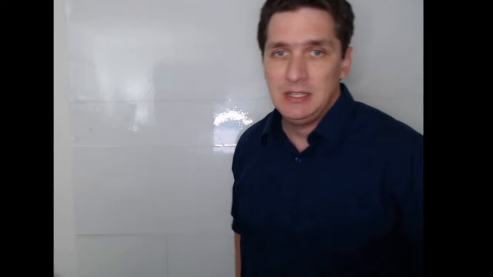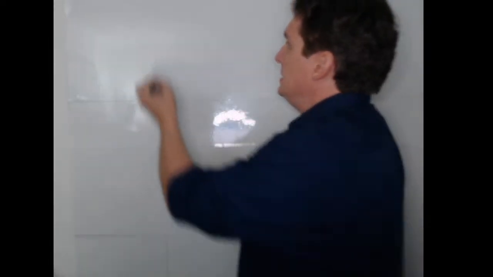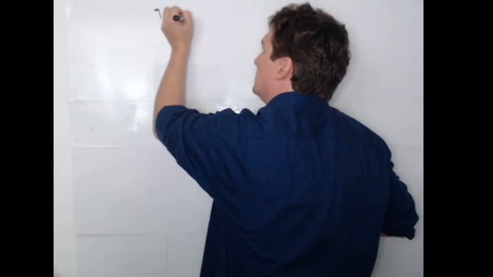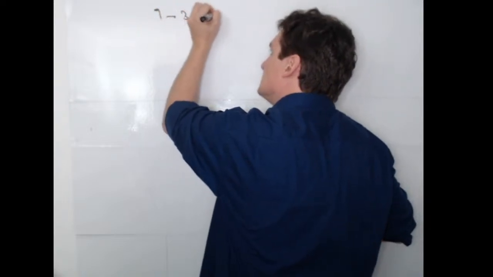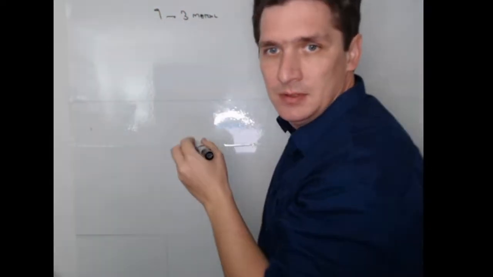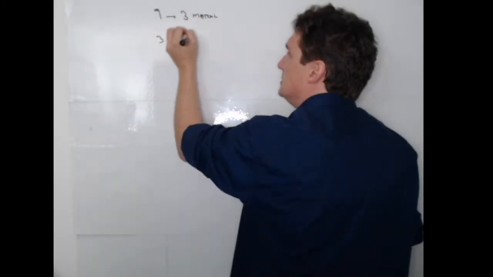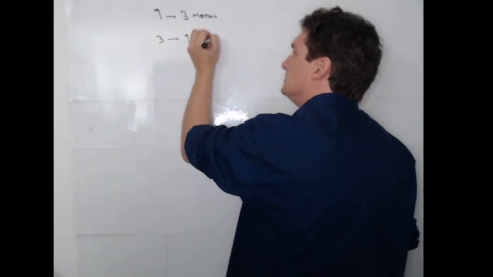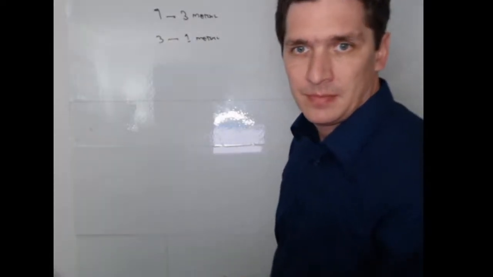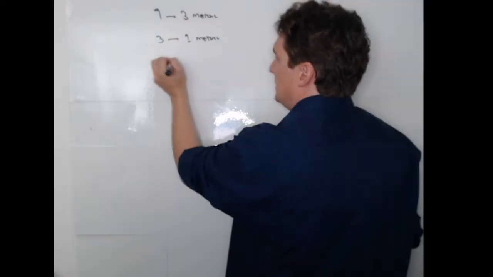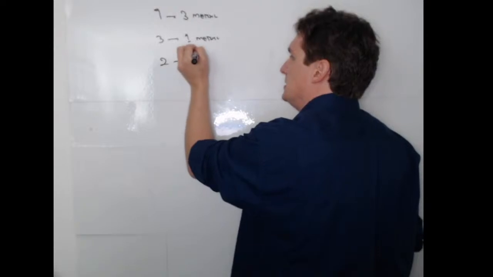So for ketones, we have 3 singlets in a ratio of 9 to 3 to 2. That 9 there is going to be 3 methyls. The 3 there is a single methyl. And the 2 there is a CH2 group.